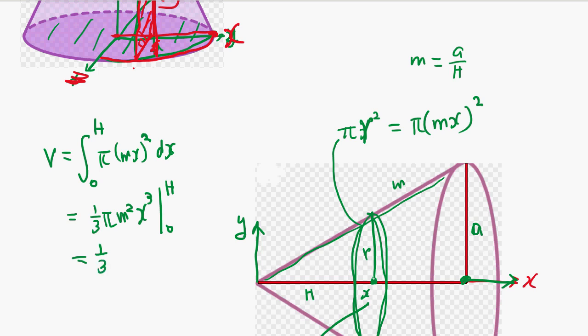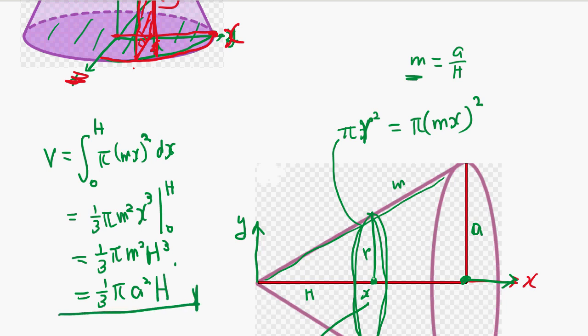So pi m square h cube over 3. So what is m is this, so if you multiply by m, it's a square, right? So 1/3 pi a square h. Here you go. You got the formula.